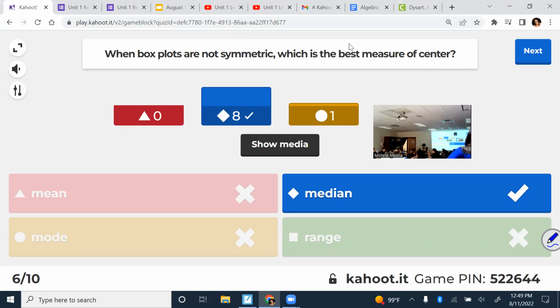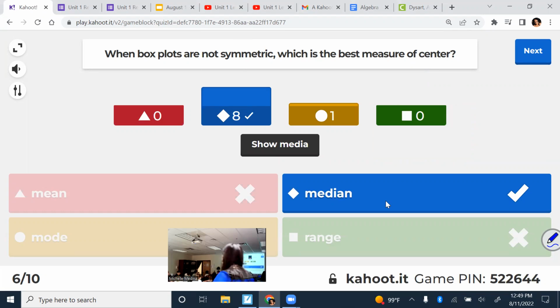So again, the only measures of center on this list are mean or median. I'm glad most of us picked the right answer on this one. Here's an example of box plots that aren't symmetric. The whiskers are uneven in length. The median bar is toward one side of the box. So when they look like that, the best measure of center that best represents the data would be your median. Questions there?